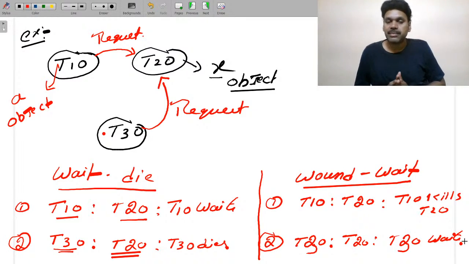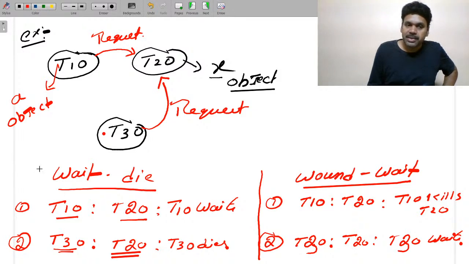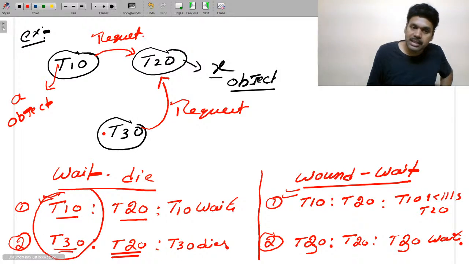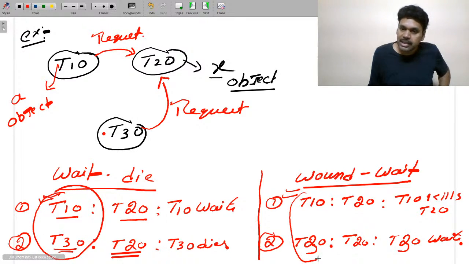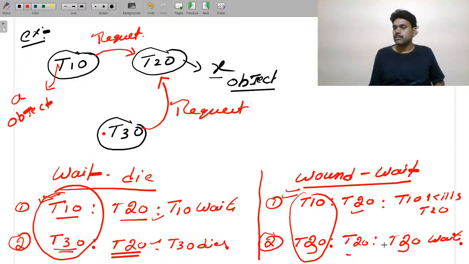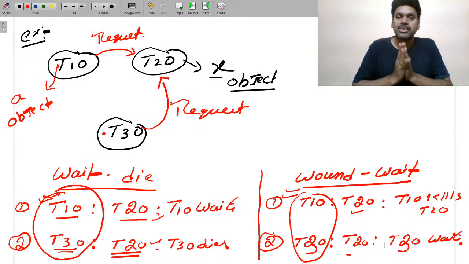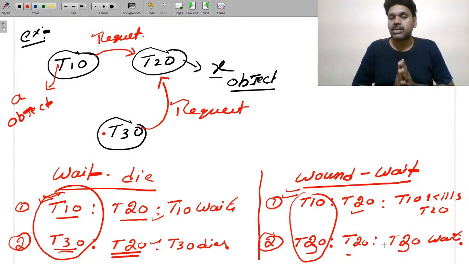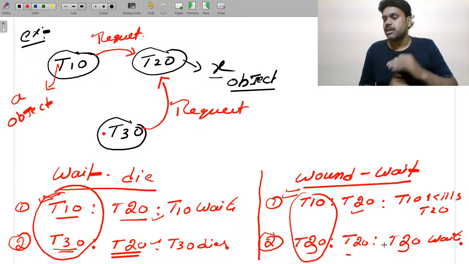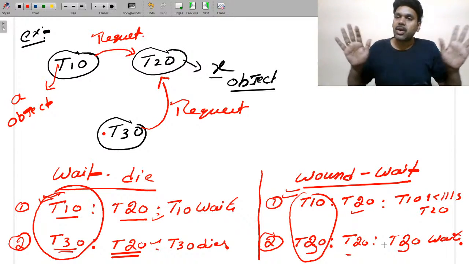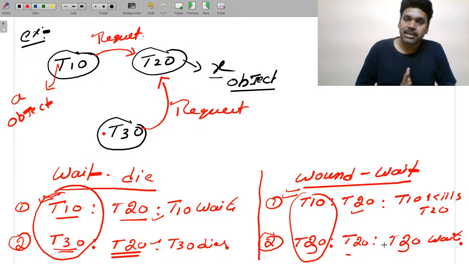That's it, friends. So in that case, how does T10 react? In this case, how does T10 react? Requesting only, how to write on the left hand side. These are the requested items. This is the holder. That's it, friends. So this is how you can prevent the deadlocks using wait-die and wound-wait. Therefore, there will not be the concept of cycles.